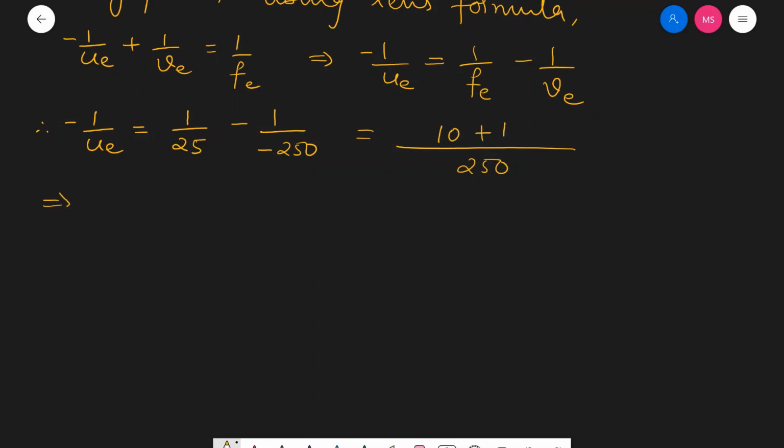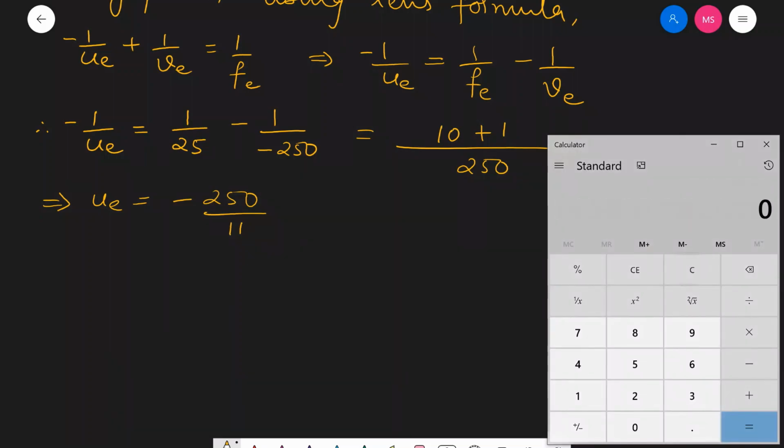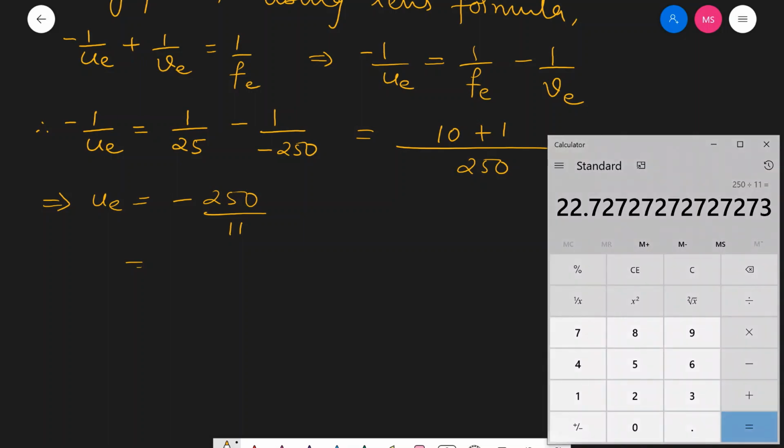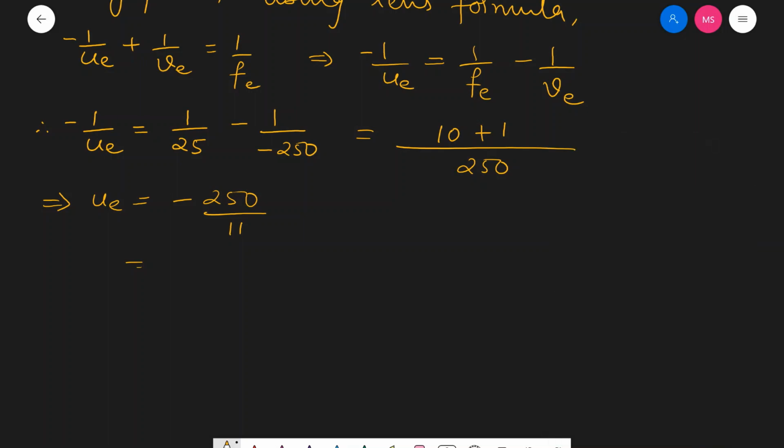So this implies that UE will be equal to minus 250 by 11. So 250 by 11 will be 250 divided by 11, you will get minus 22.72, minus 22.72 mm.